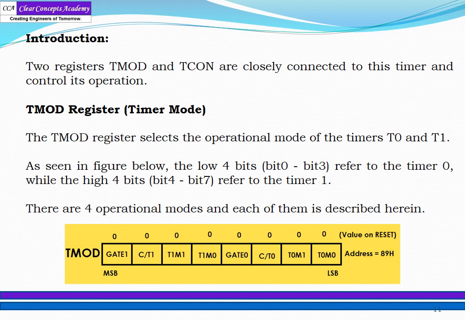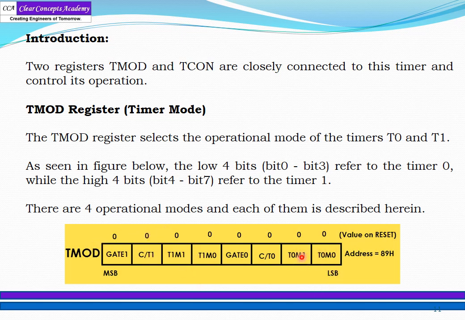See, this is the TMOD register. The lower 4 bits are reserved for timer 0, and the upper 4 bits, 5, 6, 7 and 8, are for timer 1.